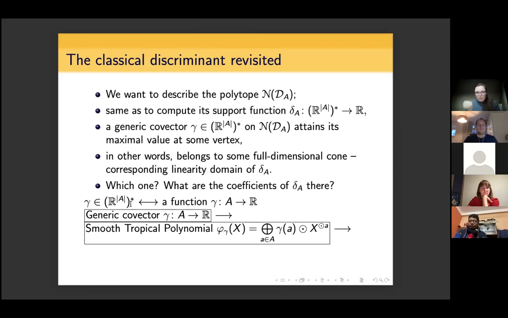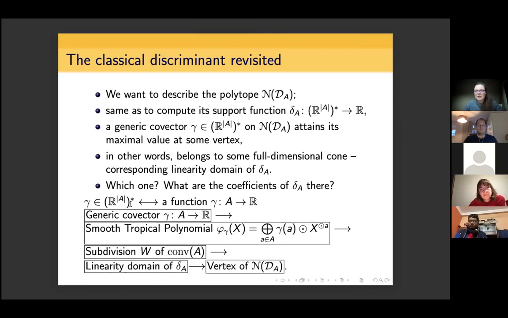And then from a smooth tropical polynomial, we can read the data, which is the subdivision, and we can only read it if the polynomial is smooth. And then, looking at the subdivision, the way I explained in the beginning of the lecture, I can restore the linearity domain, or in other words, the vertex of the Newton polytope of the discriminant.